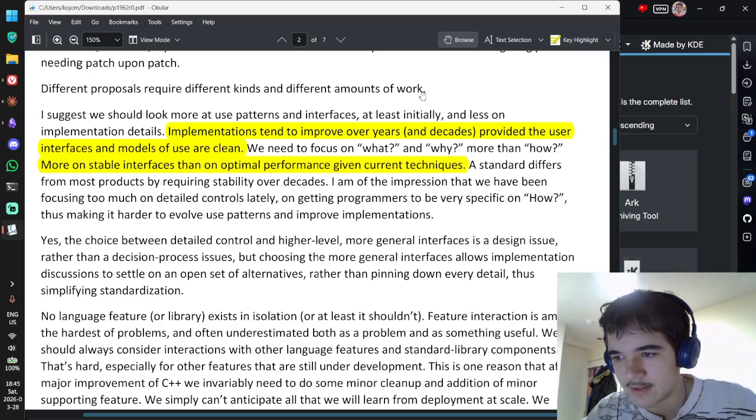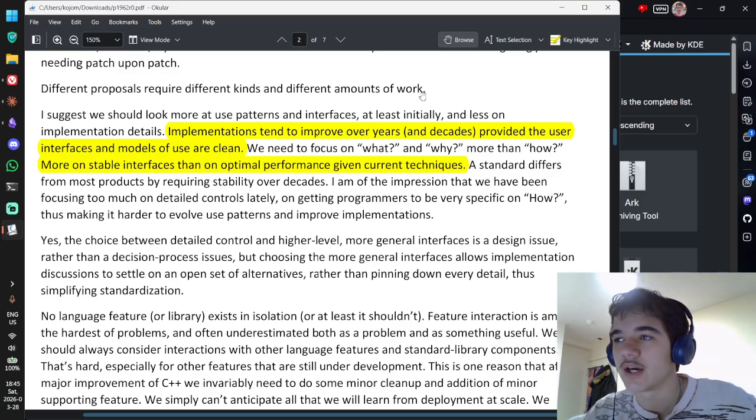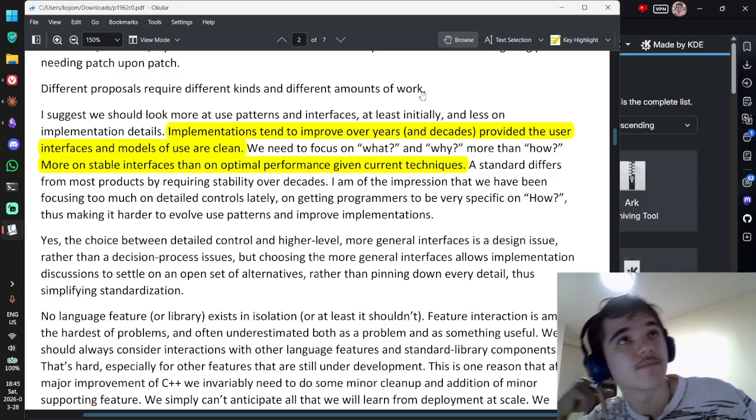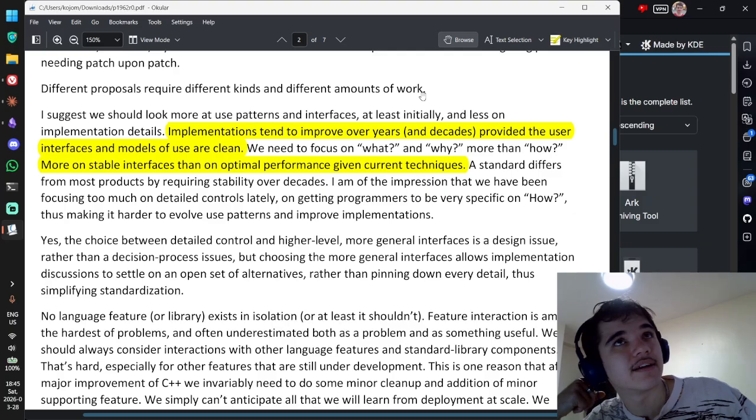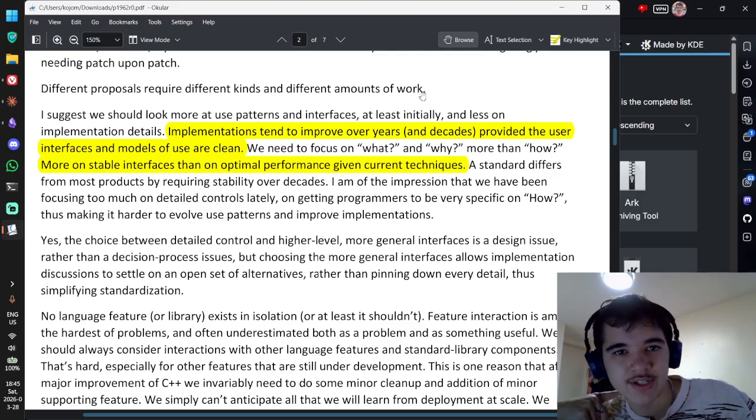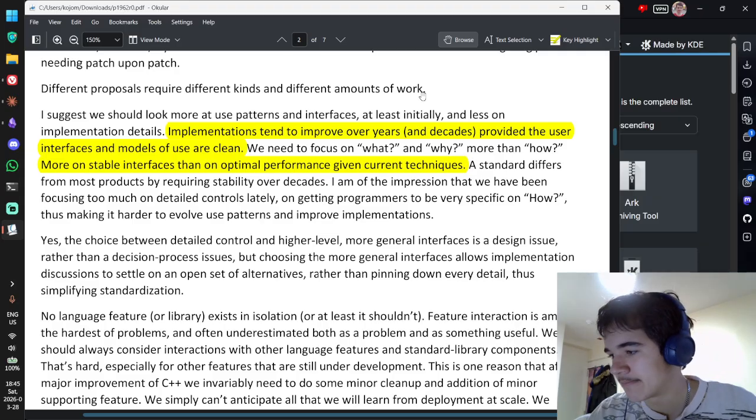But there's also something deeper to say about that in general, which is that, from what I believe, we don't need to have the same languages all the time or forevermore.